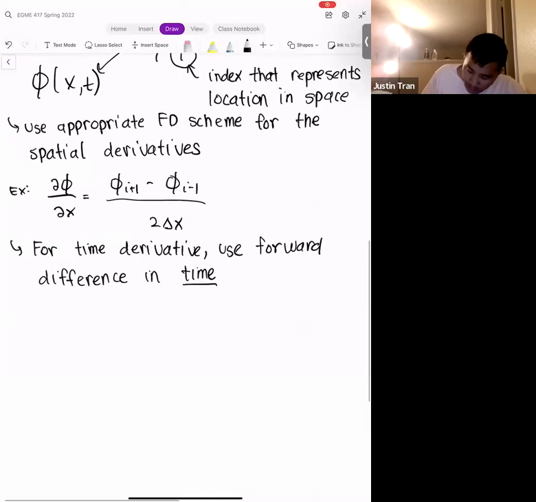So we have partial phi, partial t. For this class, we're not going to work on any situations with multiple time derivatives. It's always just going to be a first order one, and that's all we have to worry about.